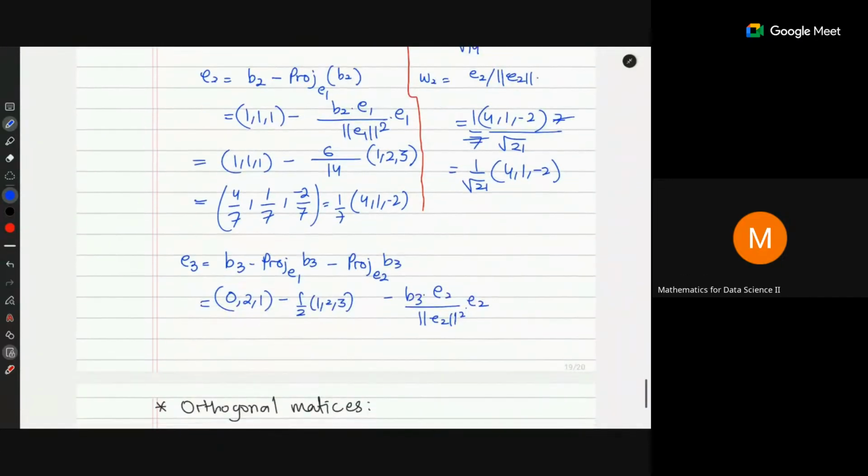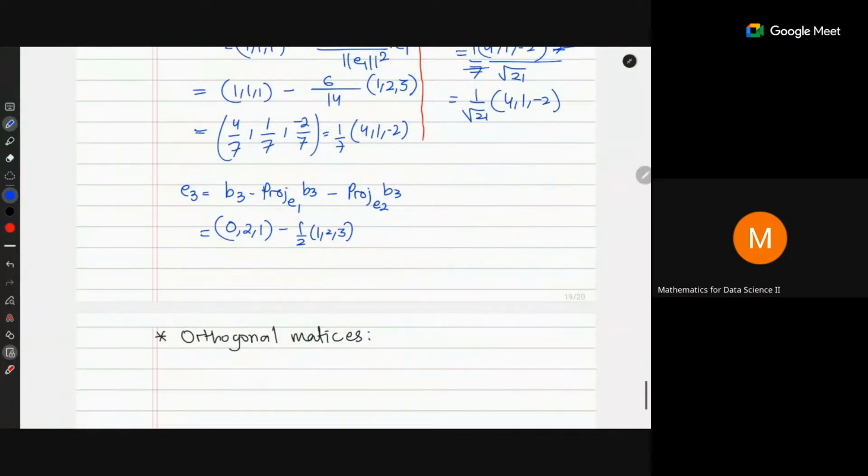Yeah, it is 0. So this will be 0 minus 0, so it is 0. All right. So what we will get after solving this, we get minus half. That's half will come out.